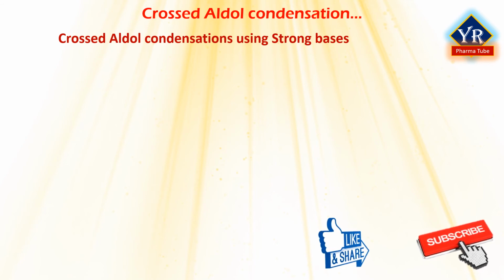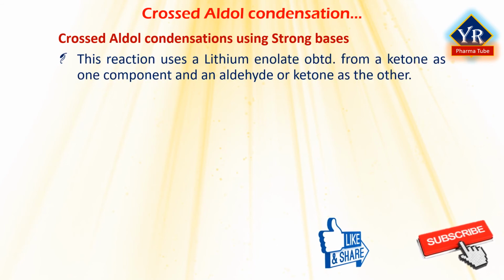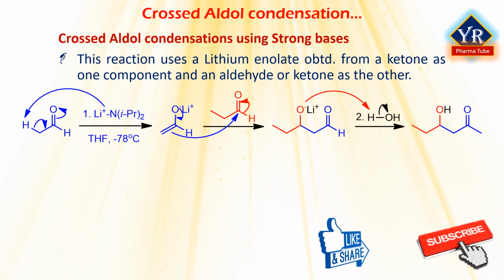Crossed aldol condensations using strong bases. One of the most effective and versatile ways to bring about a crossed aldol reaction is to use a lithium enolate obtained from a ketone as one component and an aldehyde or ketone as the other. An example of this approach, called a directed aldol reaction, is shown by the mechanism given here.